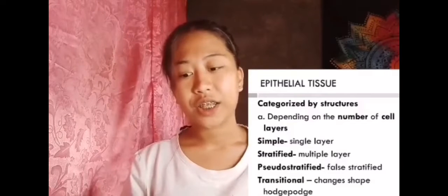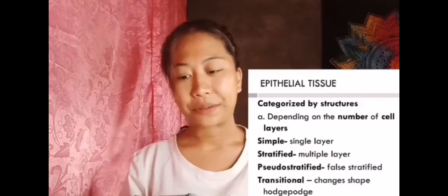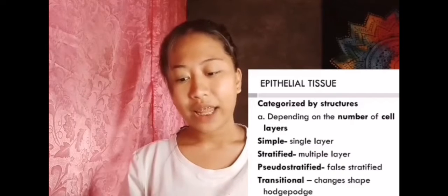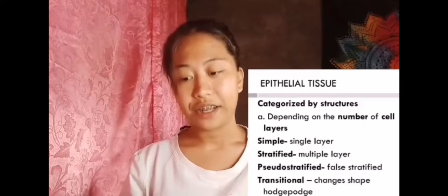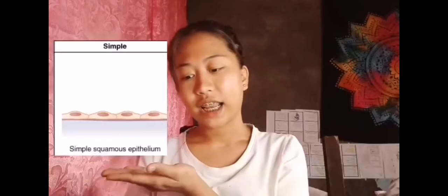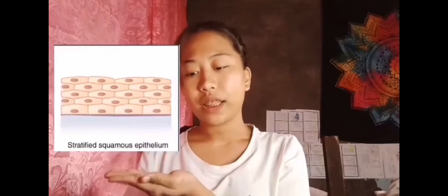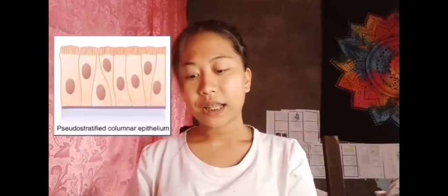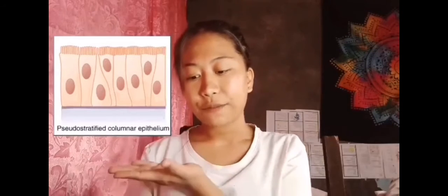Epithelial tissue is categorized by structure. A. Depending on the number of cell layers: first, simple, or single layer; second, stratified, or multiple layers; pseudostratified, or falsely stratified; and the last one, transitional, which changes shape.